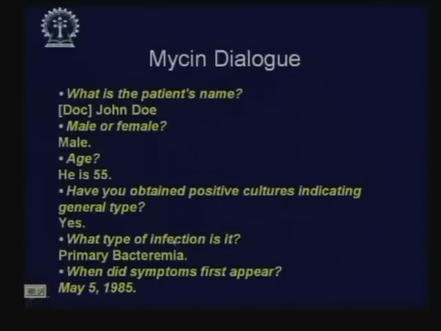Now, what is this 0.7 that we will discuss in the next lecture? But just to wrap up, that is a very key factor of MYCIN, that is a certainty factor.